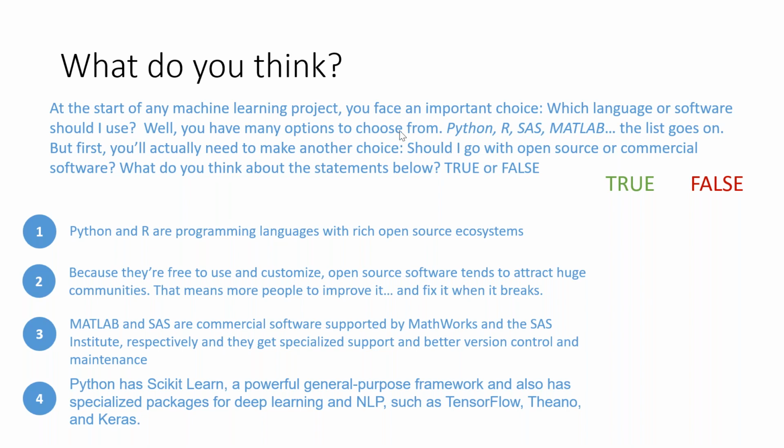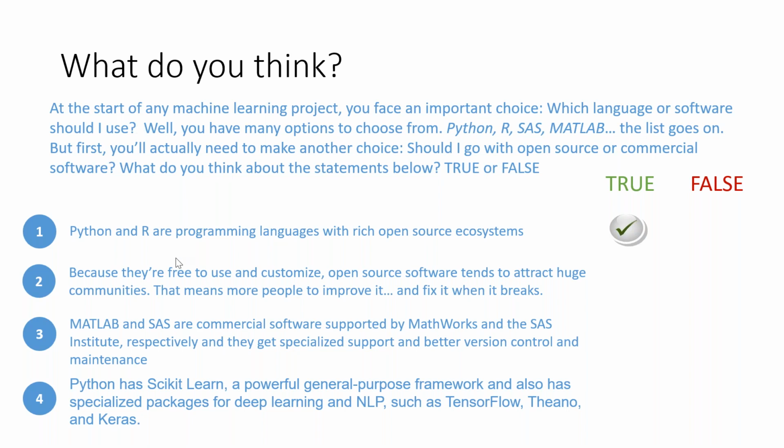Okay, so you said true, that is true. Python and R are programming languages with rich open source ecosystems, and Python is very popular in the ML area. Okay, the second statement, let me read.